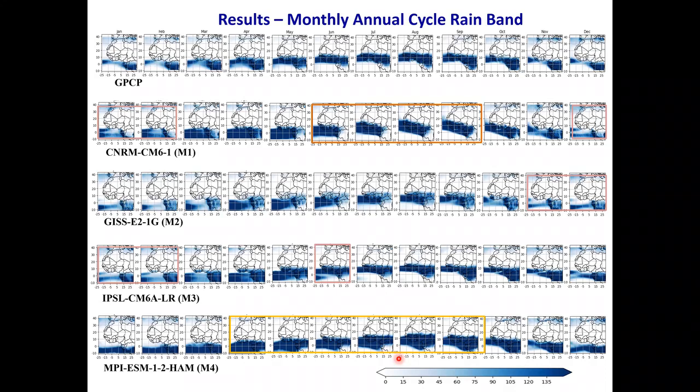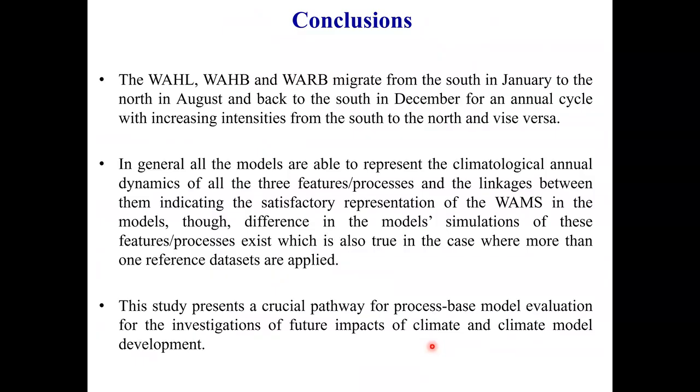So in conclusion, the West African heat low, the West African heat band and the rain band migrate from the south in January to the north in August and back to the south in December for an annual cycle, with increasing intensity from the south to the north and vice versa.